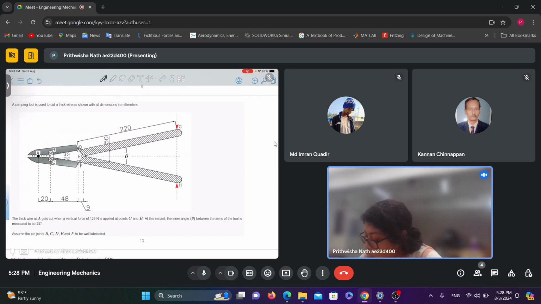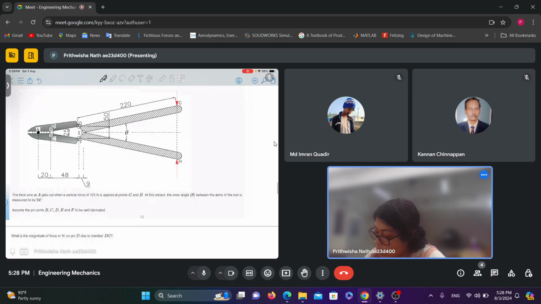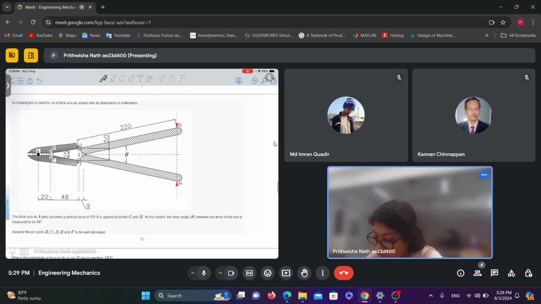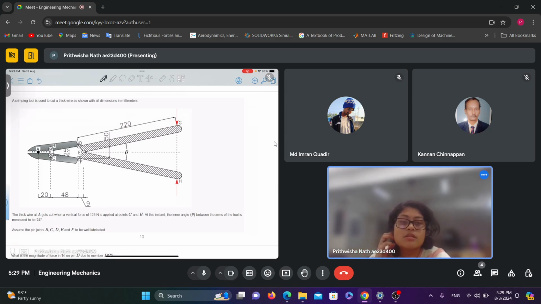Assume the pin joints B, C, D, E and F to be well lubricated. What is the magnitude of force in Newton on pin D due to member DG? Can you try solving this question? Here is the question. Can you just try solving it?